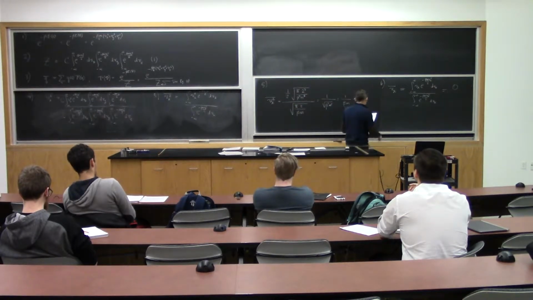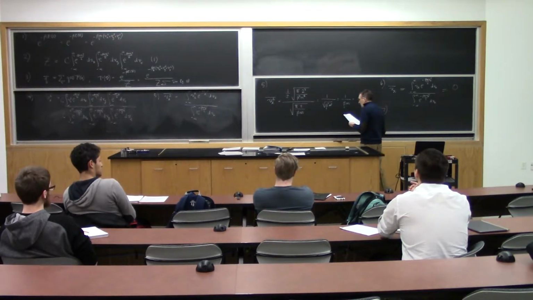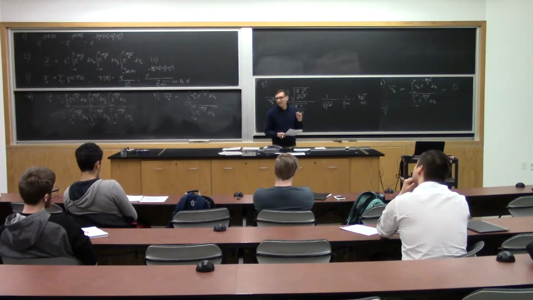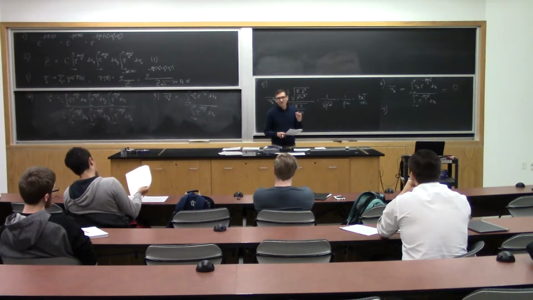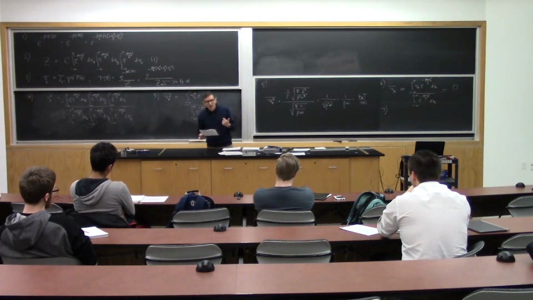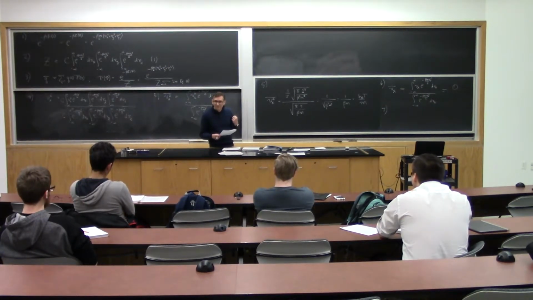Okay, 7. Using similar reasoning, what is the average of the speed squared? Hint, you can use symmetry. I didn't even require you to write down any integrals. You could just use symmetry and an answer we've already found.